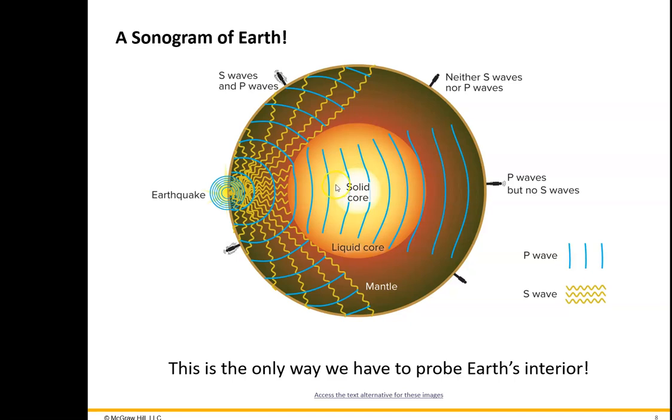That's called refraction. It bends, and so the P waves will bend, and that's how we know the size of the solid inner core, which is made mostly of iron, but iron and nickel.